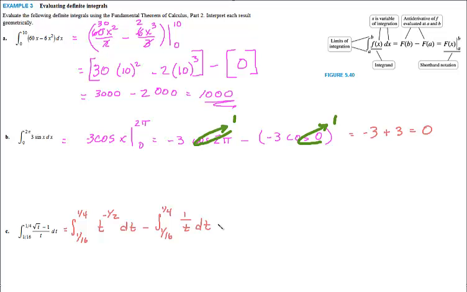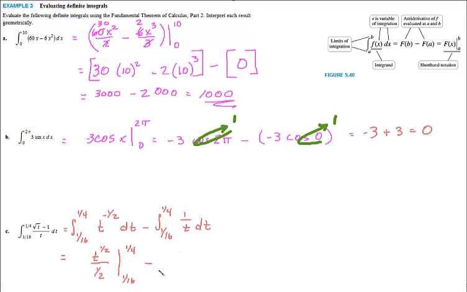This would then yield, let's see, integrating that would mean it would add 1, so this would be t to the 1/2 over this 1/2, because it would come down front, which means that is actually a 2, evaluated from 1/4, 1 over 16, minus, now what do I take the derivative of and I get 1 over t?